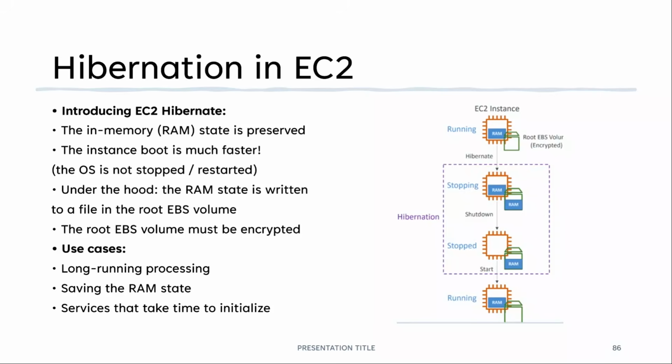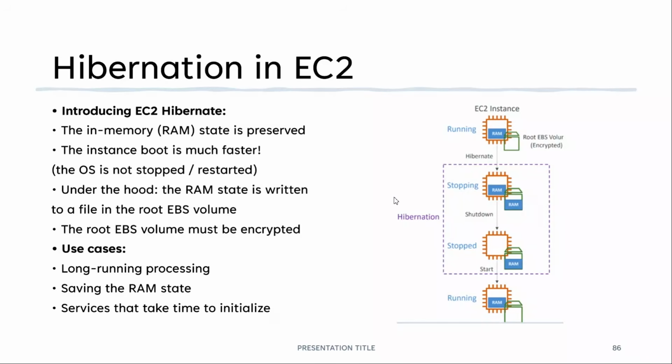Then when you bring your EC2 instance back from hibernation, the data that was written goes back from the EBS volume to your RAM, and you have your application fully running on the start. If you see in this diagram, running, hibernate, stopping, shut down, basically stopped, and then when you restart it, it takes the data from the RAM itself.